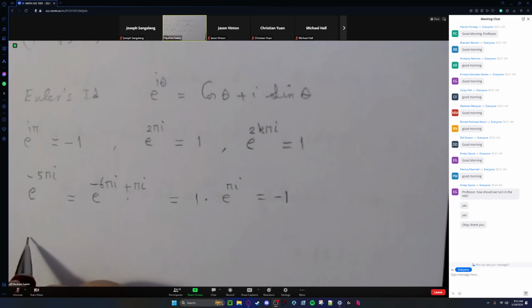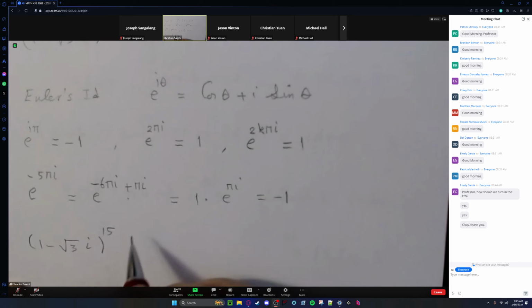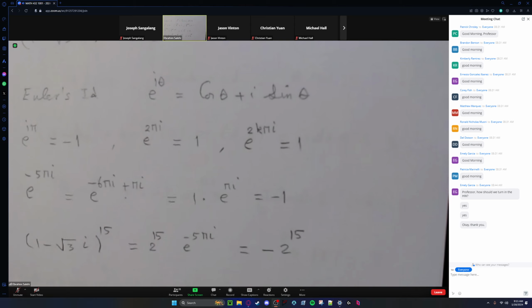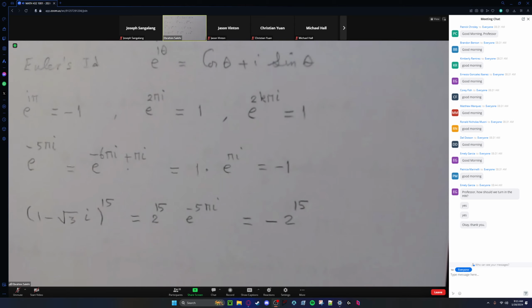The result is this: 1 minus the square root of 3i to the 15, which was 2 to the 15 e to the negative 5 pi i, is actually negative 2 to the 15. Done. That is that complex number raised to power 15.